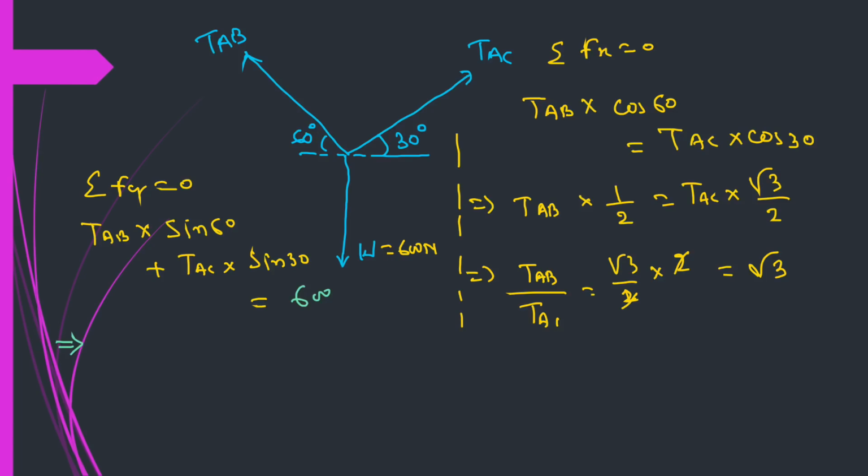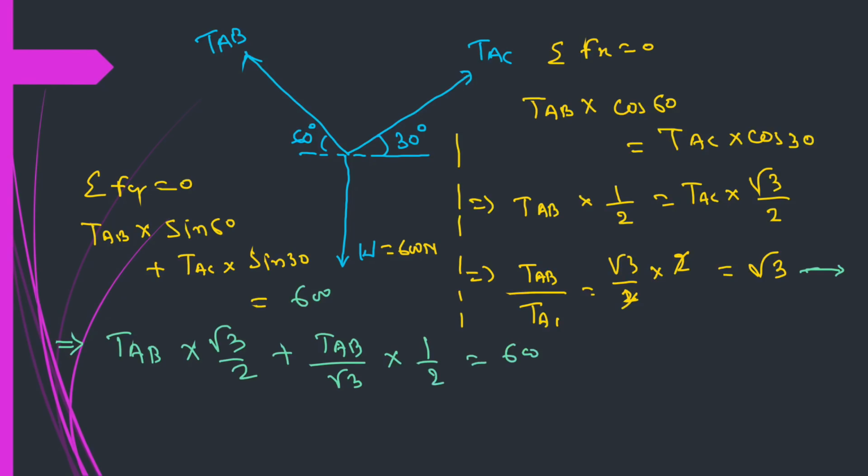So TAB into sin 60 plus TAC into sin 30 equals W, which is 600 Newton. So TAB into sin 60, root 3 by 2, plus TAC. From here, TAB is root 3 times TAC, and sin 30 is 1 by 2, equal to 600.